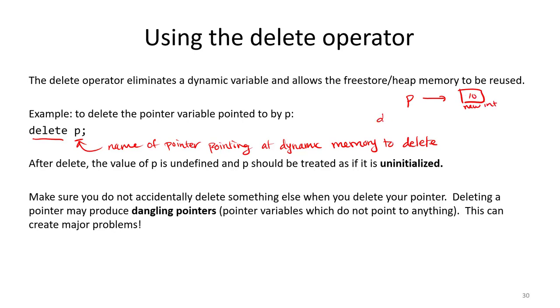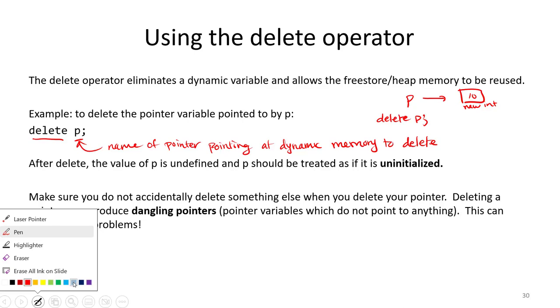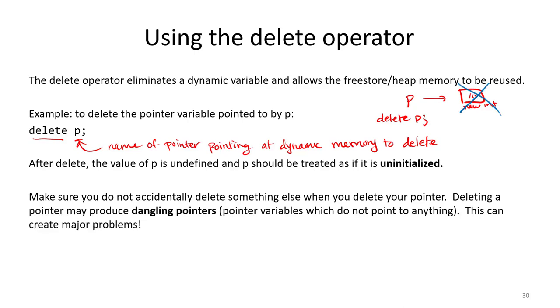If I say delete p, all that's going to do is delete my new int, and now my pointer p is just going to be pointing at nothing. It's basically uninitialized again. So the delete operator will just delete whatever dynamic variable our pointer is pointing at.